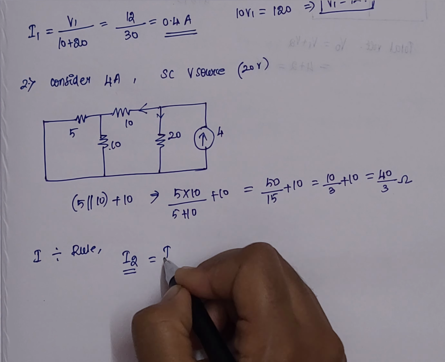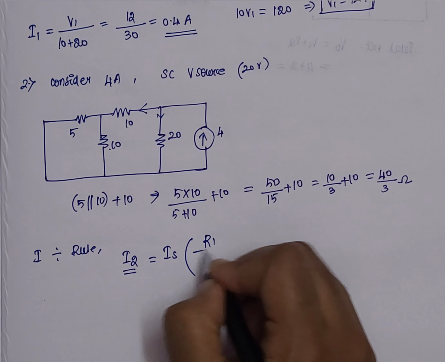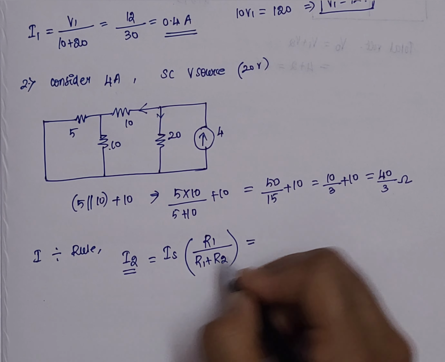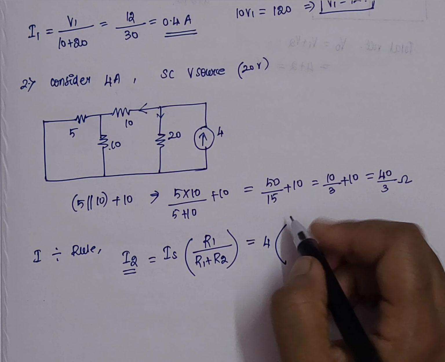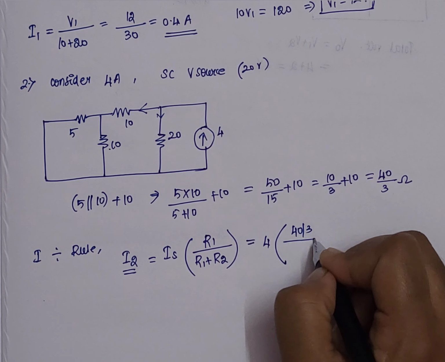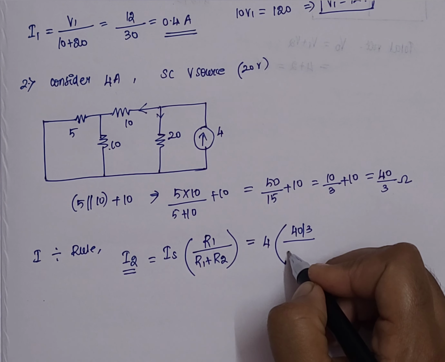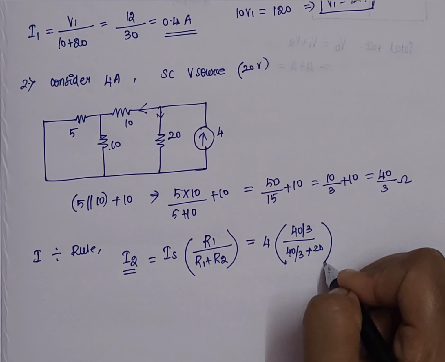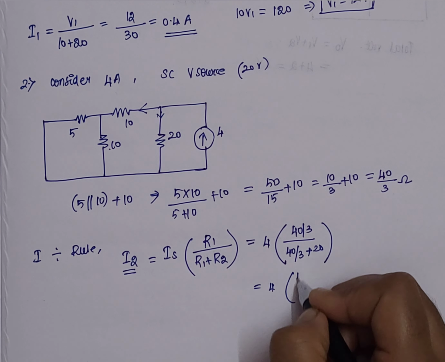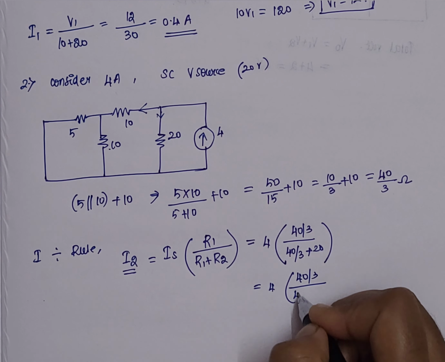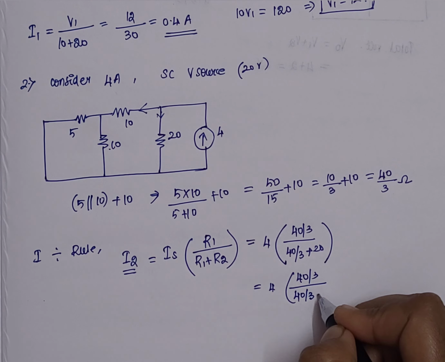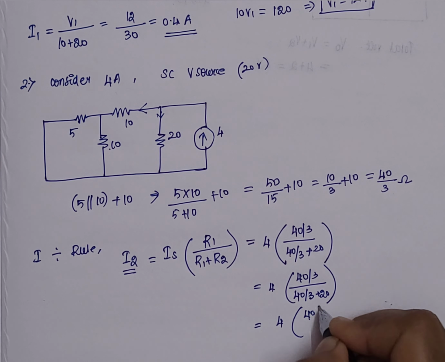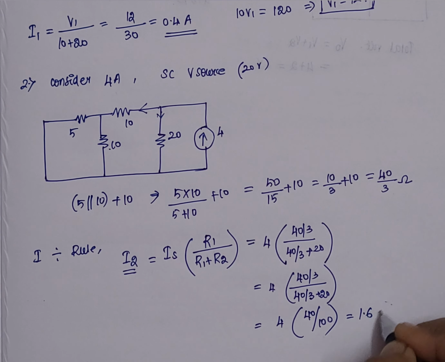So I2 is equal to source current Is into the resistor value R1 divided by total resistance, R1 plus R2, which is equal to 4 amperes into R1 value 40 by 3, divided by total resistance, 40 by 3 plus the other value 20. Solving this, we will get 4 into 40 divided by 100, which is nothing but 1.6 amperes.